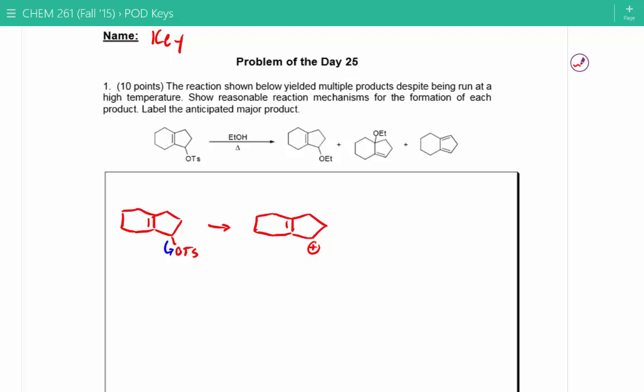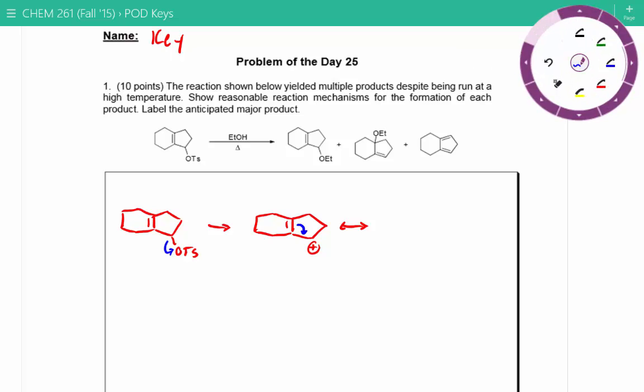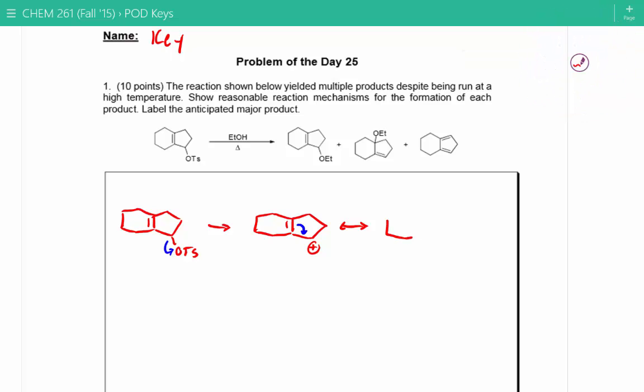It looks like a secondary carbocation, but why is this secondary carbocation so special? Resonance. It's an allylic carbocation. So remember, with resonance structures, you want a double-headed arrow. You can move that double bond down. And now we've got a delocalized carbocation.